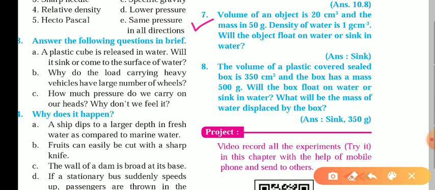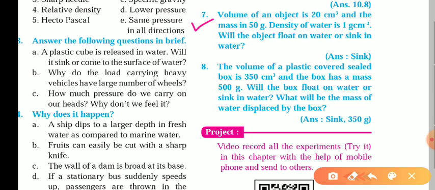Will the object float on water or sink in water? If we want to find that out, we should know the density of the object, and for that we require a formula with density, volume and mass. Mass upon volume is nothing but the density. So once we get the density of the object, we can compare it with the density of water.